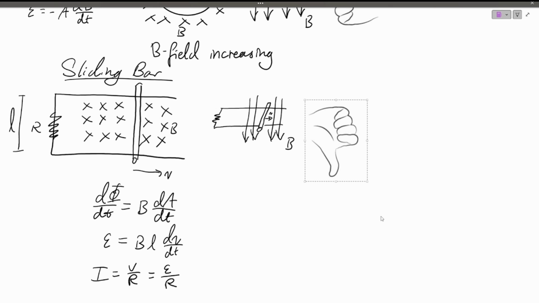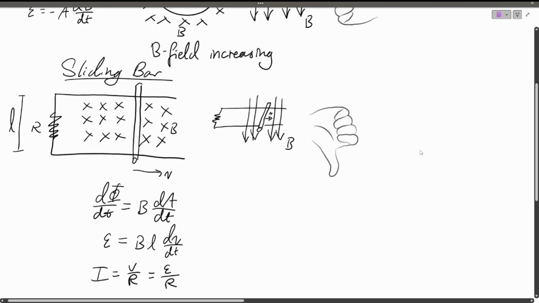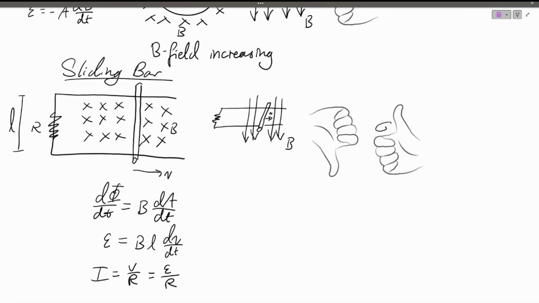And then Lenz's law says we need to flip our hand. So then you end up with this hand, and that gives you direction of current being this way. So current is going to do this. So through the bar, it's going to be flowing up.